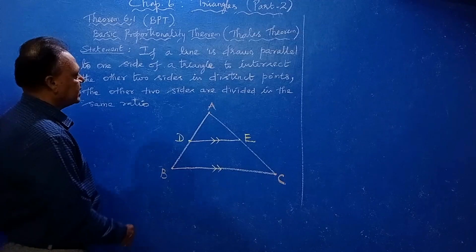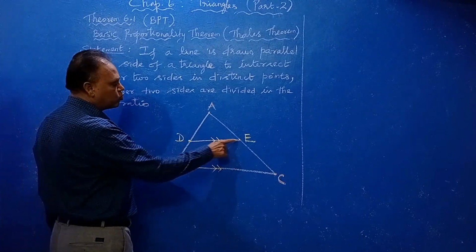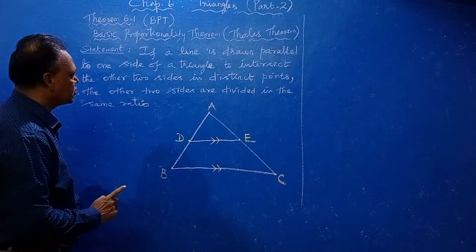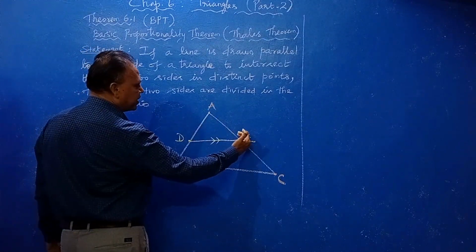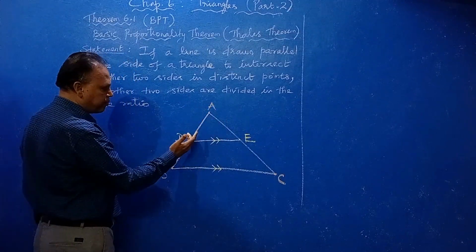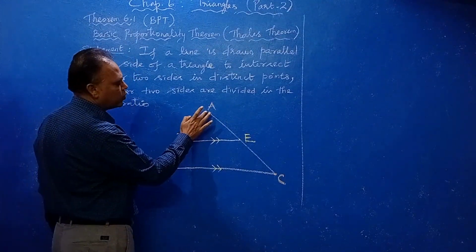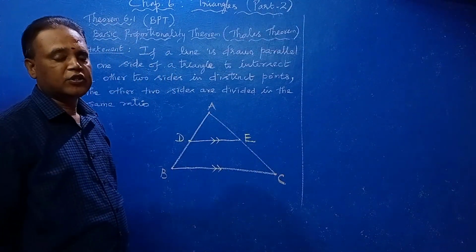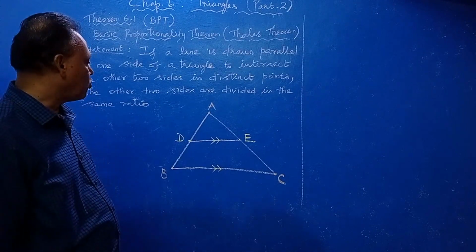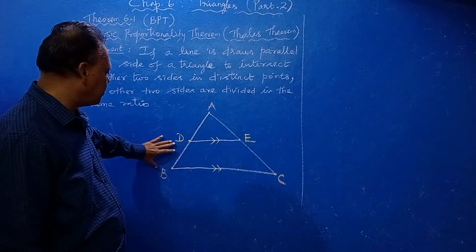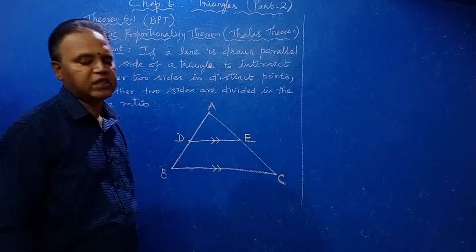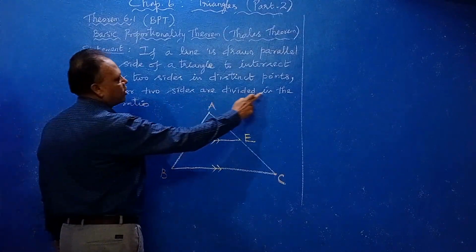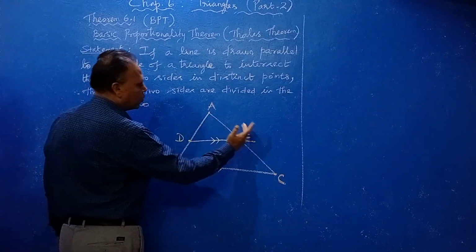That line divides the other two sides in two distinct points. So the other two sides are divided in the same ratio. That means AD by DB is equal to AE by EC. That is the statement. Clear? So you have to prove AD by DB equals AE by EC.